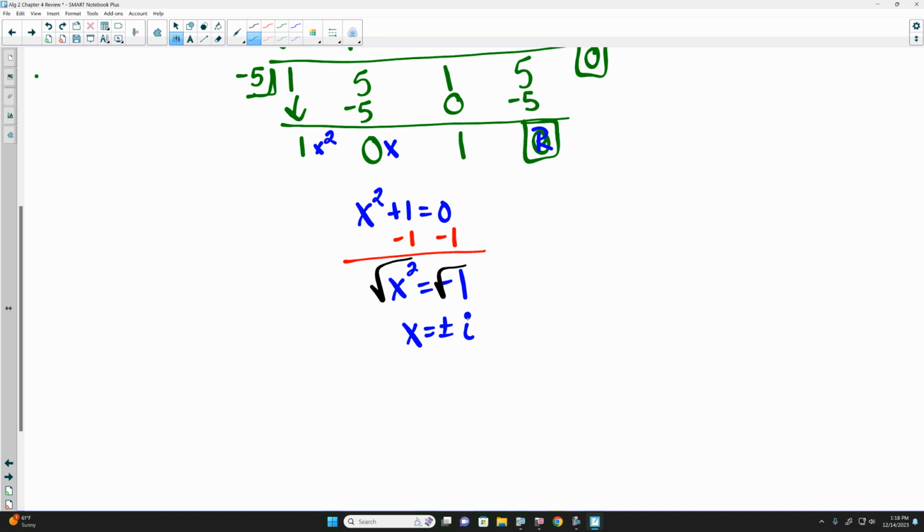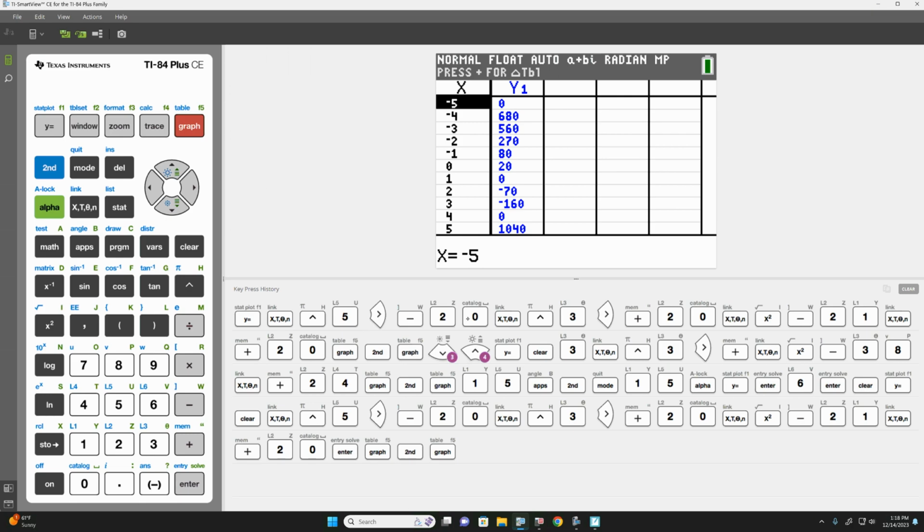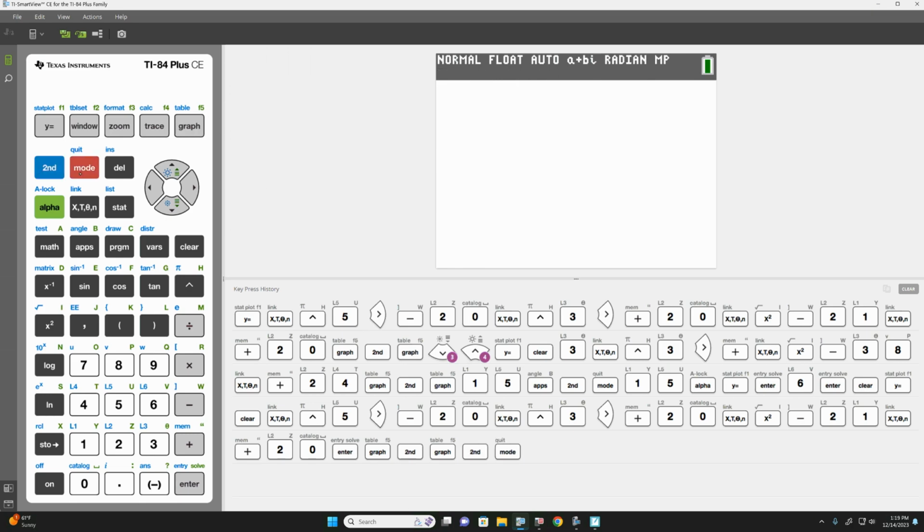The which one? The TI-30X? The yellow calculator? The TI-84. Up at the top, if it says a plus bi, it will take the square root of a negative. Square root of negative 1 is i.